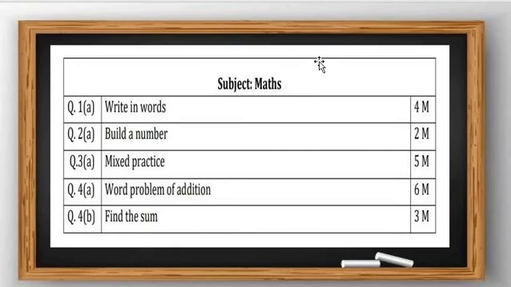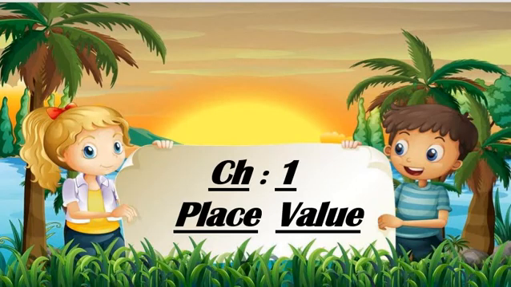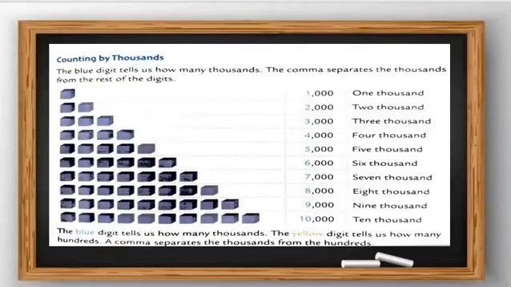So now students, we start chapter number 1, place value. First of all, paper-style wise, we will do the revision of chapter number 1. Got my point, all students? So now let's start chapter number 1. What is the first question?